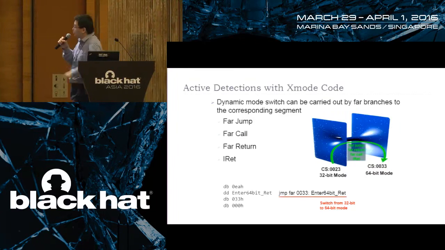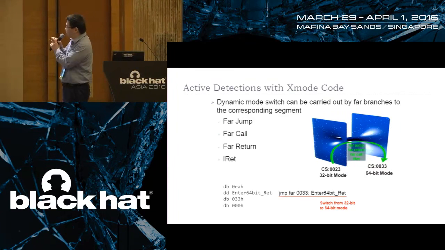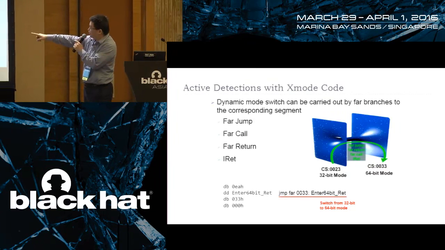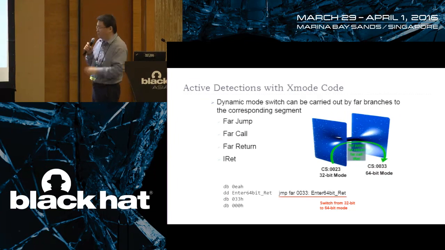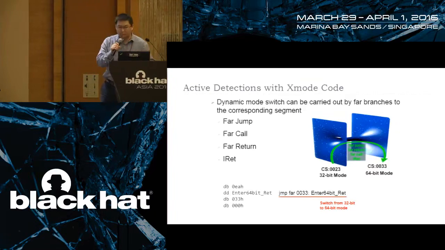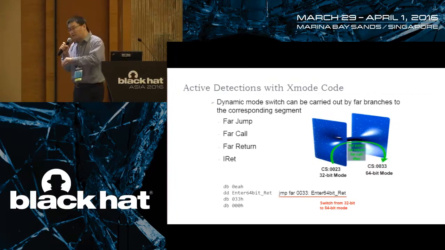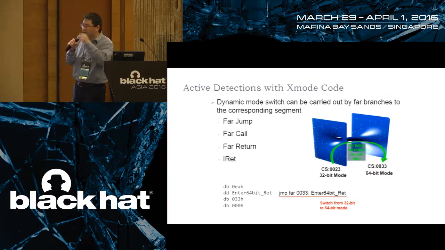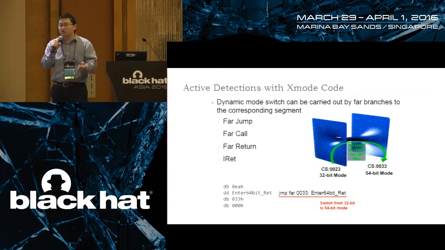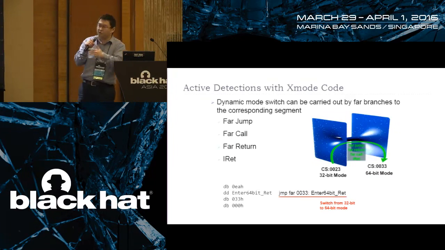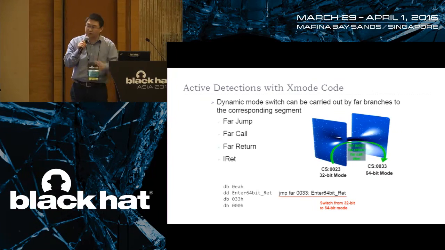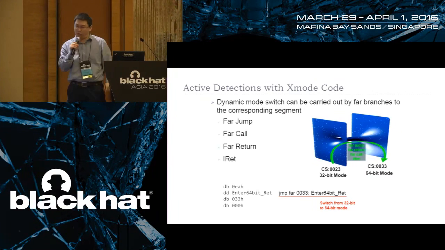Here we just list an example in the DBI part, to see how you implement the assembly code to do the far jump. Once you do the far branch, the CPU will automatically switch to another selector. If that selector is 33, then it switches to 64-bit. If that selector is 23, it switches to the 32-bit mode.